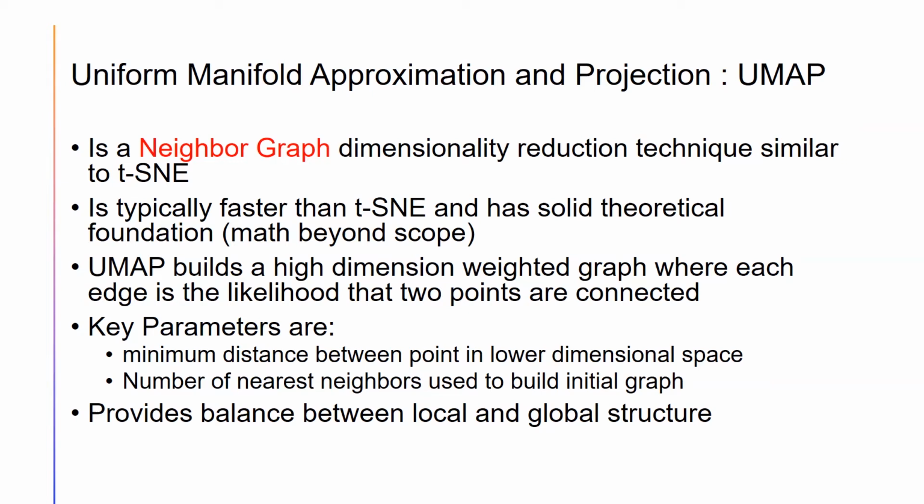And we'll see examples of that on the next couple of slides. Roughly speaking, global structure is about the relative distance between clusters, whereas local structure is more or less just like, okay, clusters exist in a sense, roughly speaking. It's not exact.